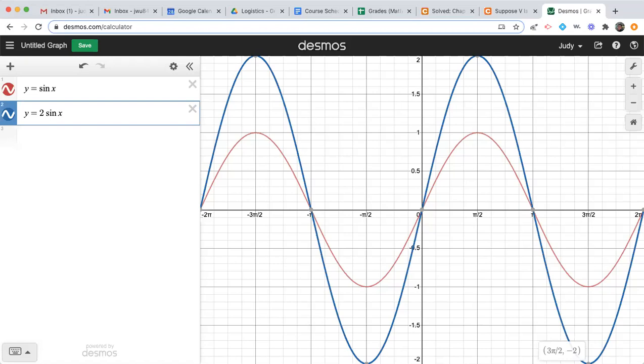And so we should get another curve that is a little bit taller than the original curve, okay? All right. So based on that, let's revisit our prediction. What do we think is going to happen when we type in 1/2 sine x?